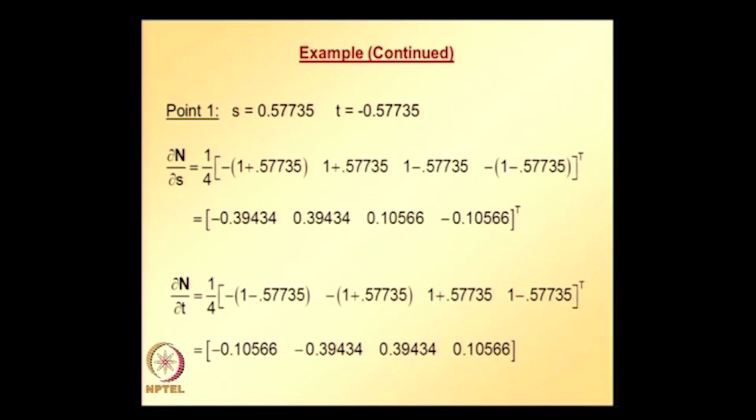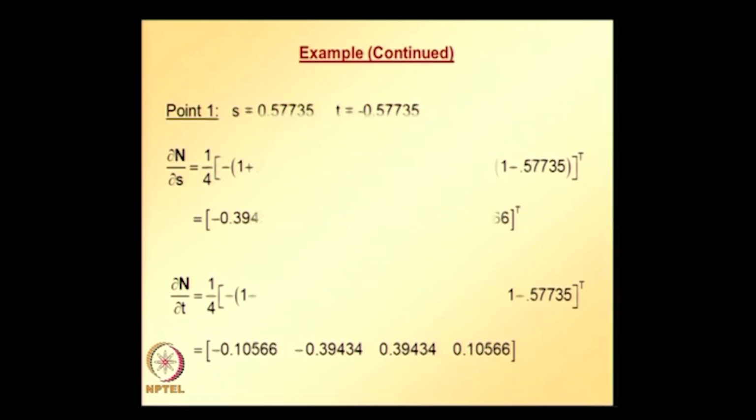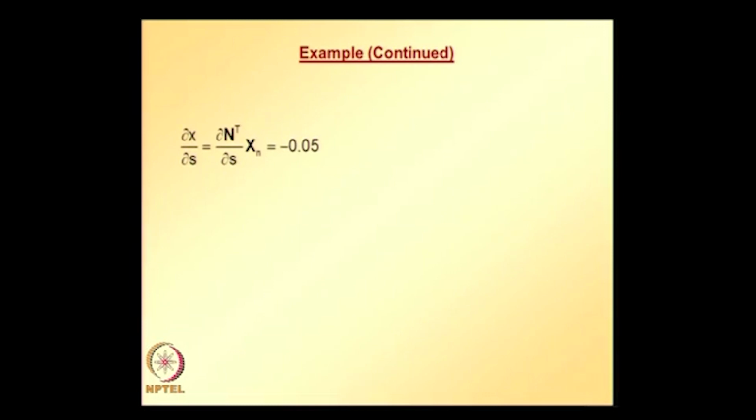Once we have these 2 vectors, we can easily calculate the partial derivative of x with respect to S, which is given by this formula. By substituting both the vectors and calculating the value, it turns out to be minus 0.05.